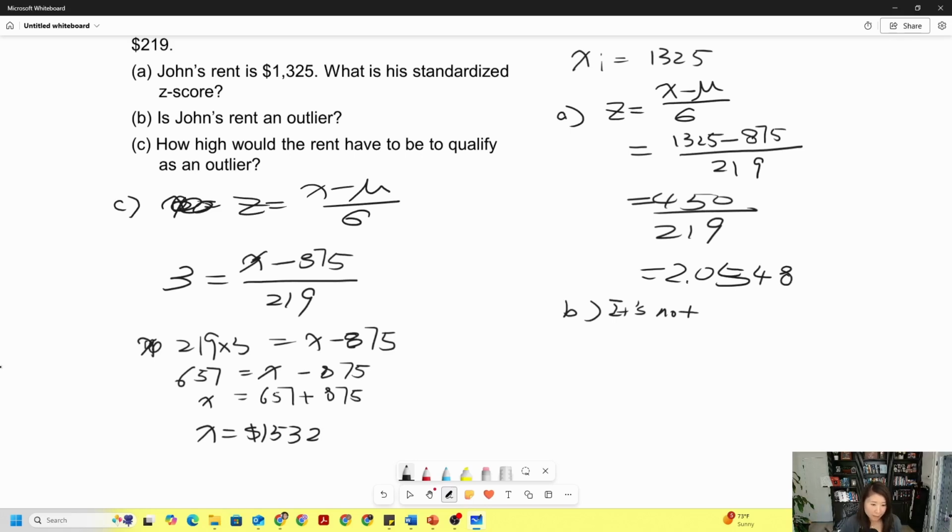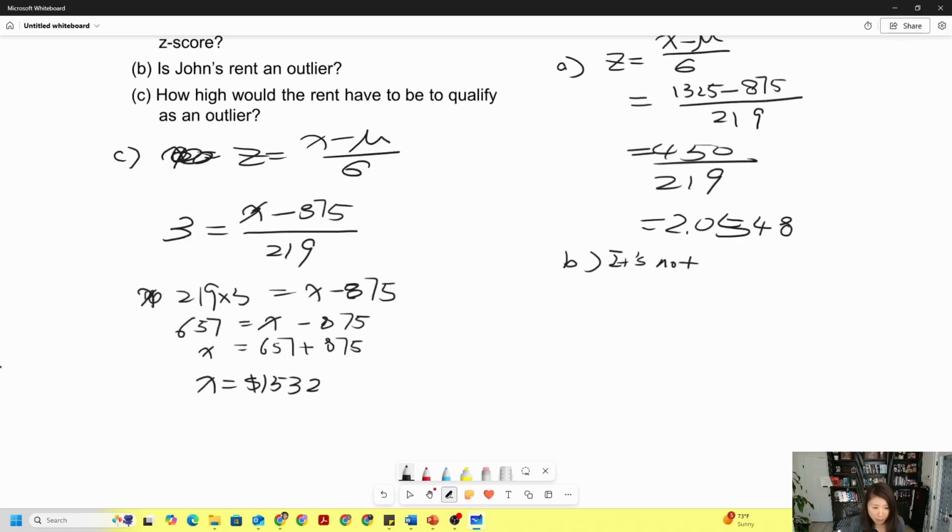So that's the high end. How about the low end? How low would the rent have to be to qualify as an outlier? We can do that too, because we know the lower boundary will be -3, right? So -3 equals x minus 875 divided by 129, and both sides times 129, so it will be -3 times 129.